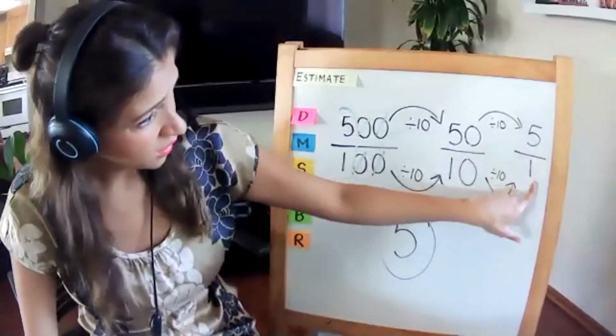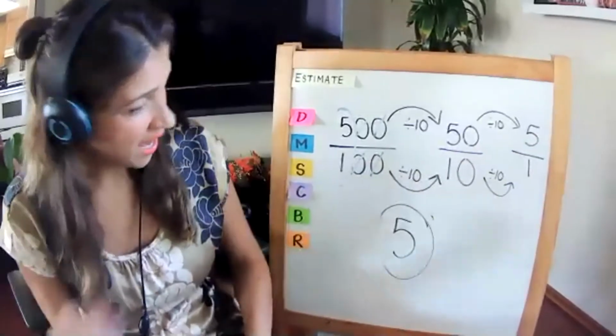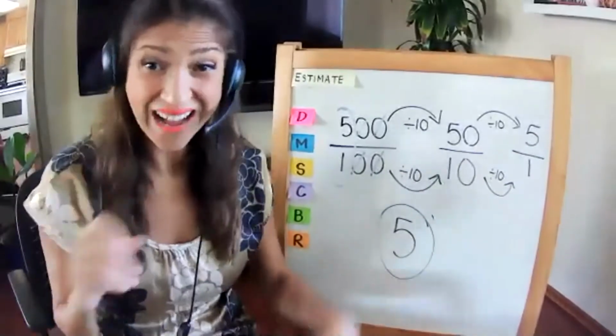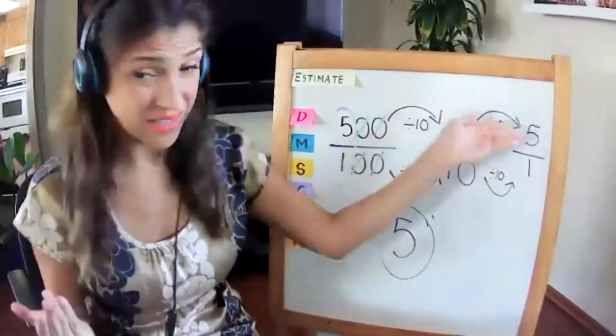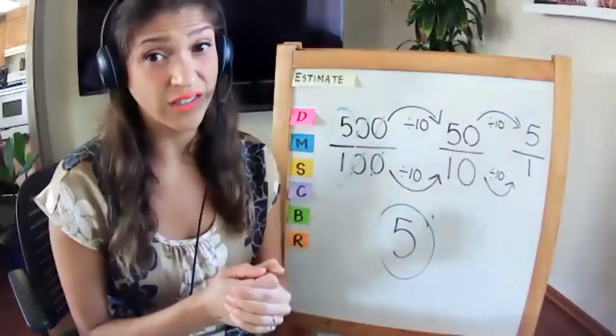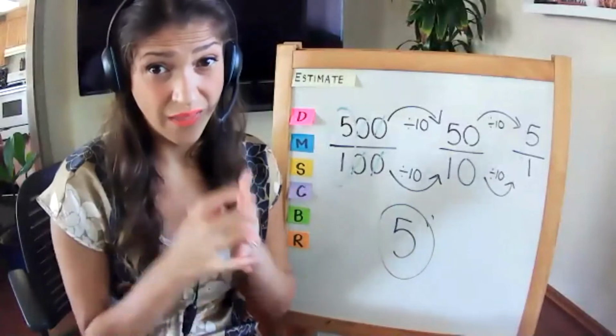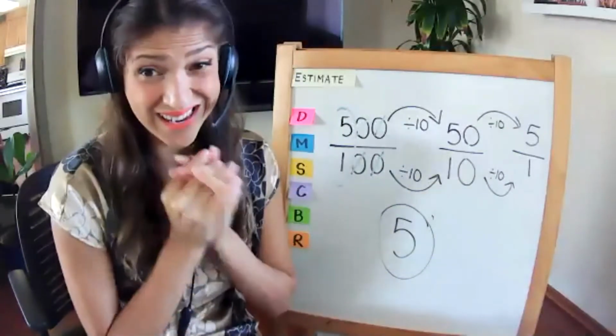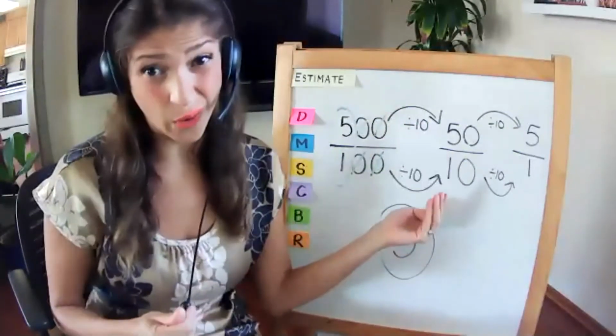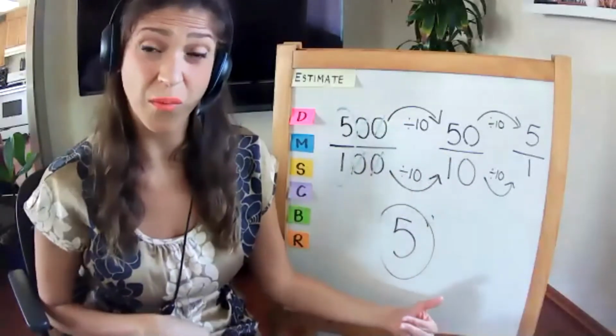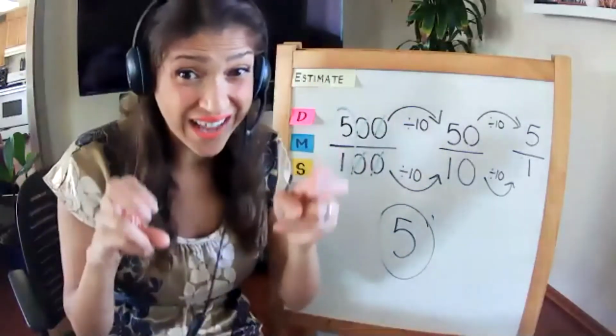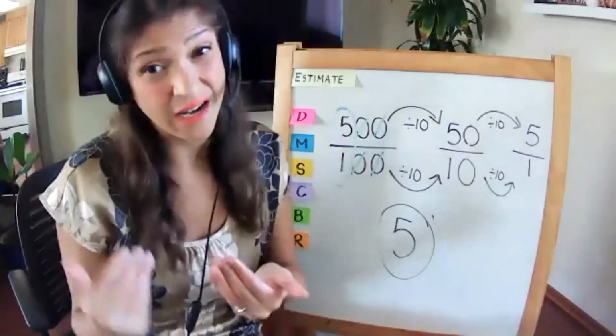So here, if I wanted to divide again, I couldn't, because these two numbers, my dividend and my divisor, are directly correlated with one another. They are connected. So I cannot just cross out a 0 and 1 if there's no 0 in the other, because I'm not just crossing out zeros. I'm dividing by 10.